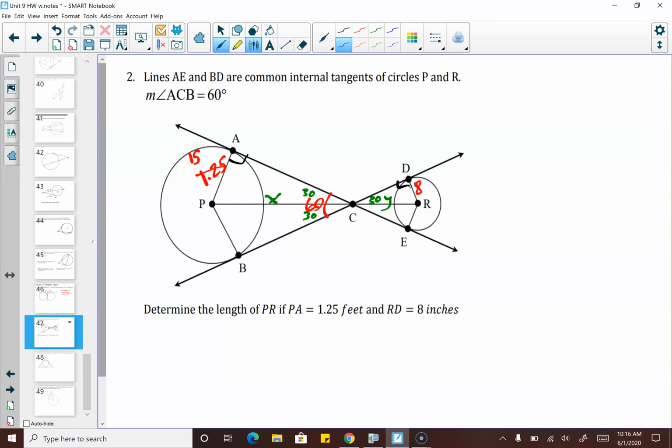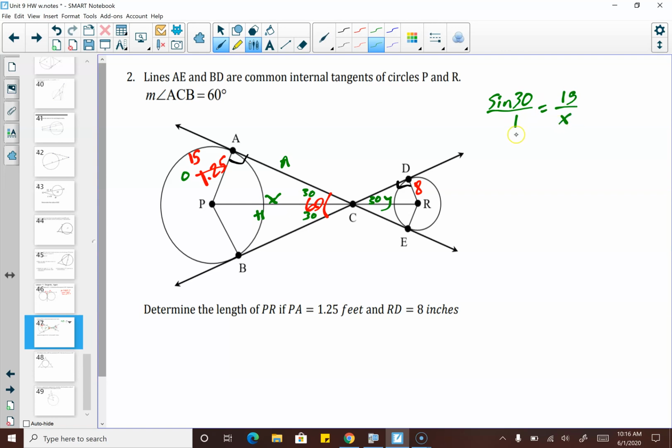And what I'm going to do now is a little bit of trig. So if I look here, to get x, we'll start at the 30. I have my opposite, adjacent, and my hypotenuse. So I'm going to use my opposite and my hypotenuse, which is sine. So sine of 30 over 1 equals opposite, 15, over x.